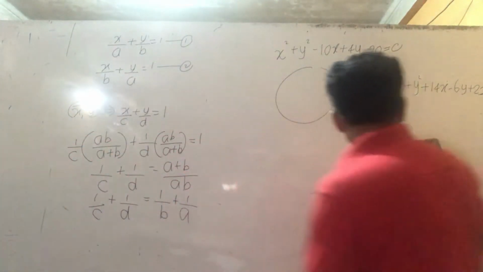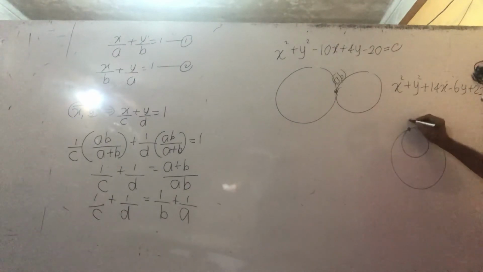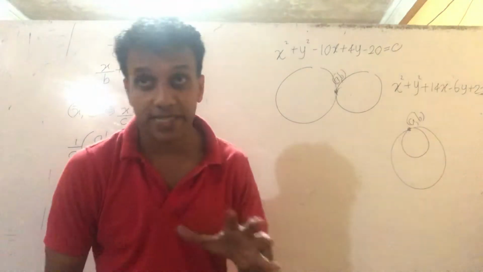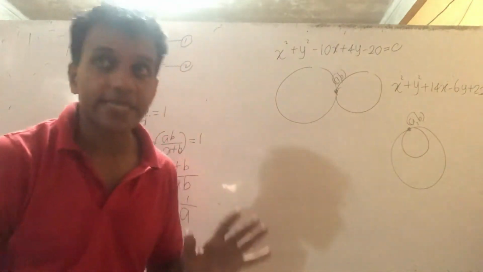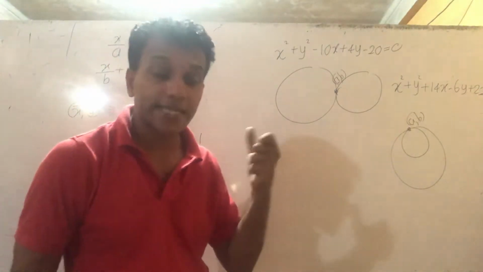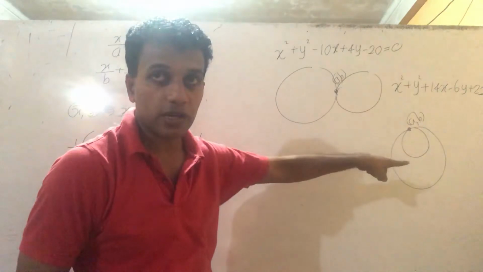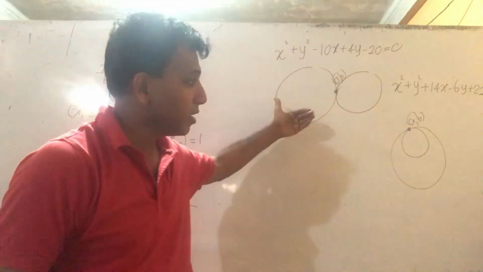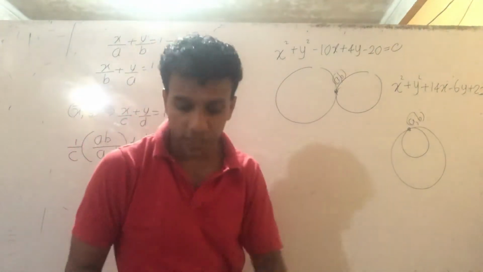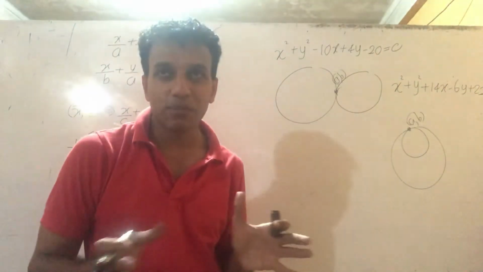Maybe they touch like this also, this is also a comma b. There are two kinds of touches, internal and external. Both satisfy, we don't know where they touch. But we can determine properly whether it is this figure or that figure, that means internal or external touch. There is some condition that I hope you learned in the theory class.